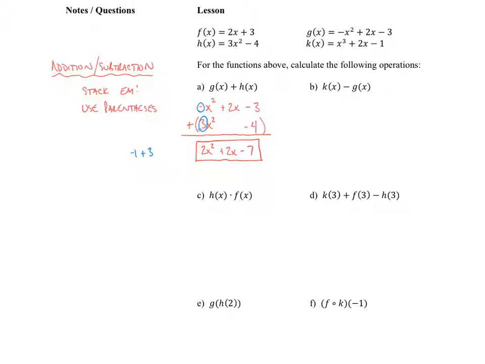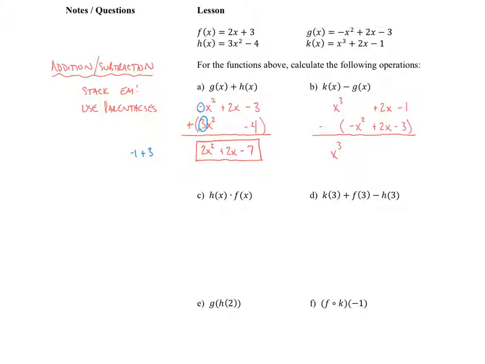All right, let's set up B. B is a subtraction problem, so we'll set it up similarly, but we're going to use subtraction instead. All right, so notice because k of x did not have an x squared term, we just leave that blank. And g of x doesn't have an x cubed term, so we'll leave a space there as well. So now we're going to do some subtraction. We've got x cubed minus 0, which is just x cubed.